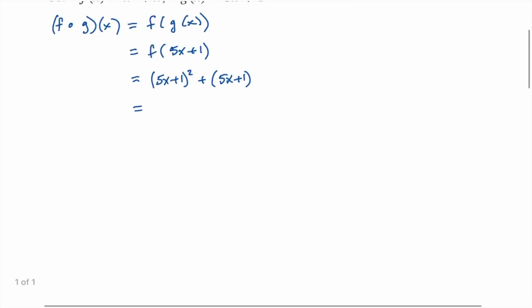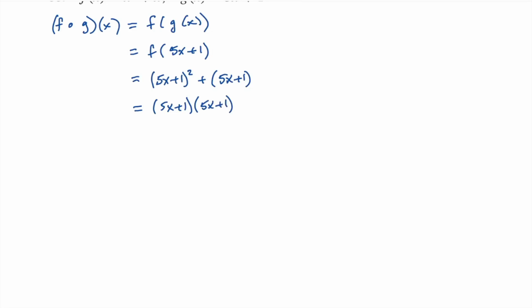Okay, so this is 5x plus 1 times 5x plus 1, and then we have a plus 5x plus 1. So if we FOIL that, we get 25x squared. We'll have a plus 5x and a plus 5x for plus 10x, and then a 1 times 1 for plus 1.